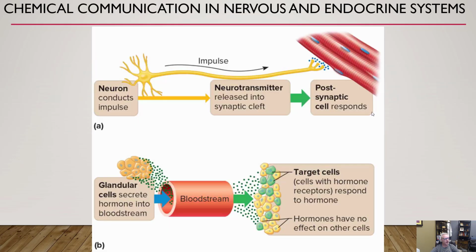You can see that the neurotransmitter space is not a big space. So this would be acetylcholine because it looks like we're looking at maybe some skeletal muscle, because we have some striations here. So this space here is not a big space, whereas in the endocrine system, the hormone has to travel through the bloodstream, so it's going to be a long way to go.